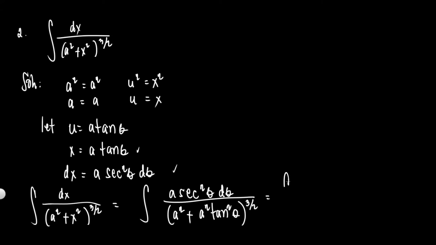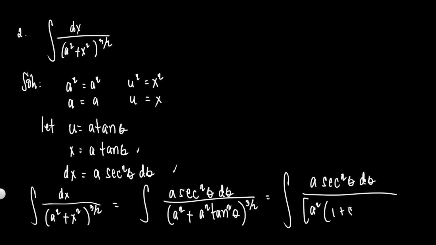So, this is equal to the integral of a secant squared theta d theta over, factoring out a squared, so a squared times 1 plus tangent squared theta raised to 3 halves.